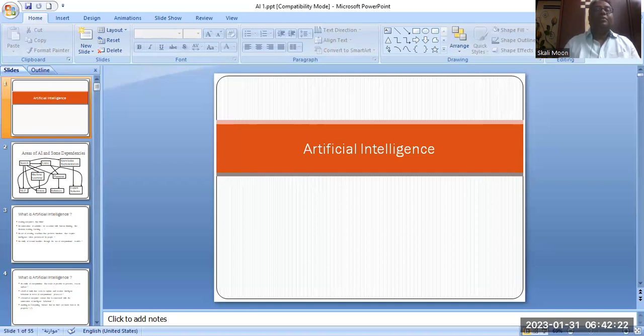What is the history of AI? John McCarthy can be treated as a very important person in the field of artificial intelligence. Next, the Turing test came into the picture.